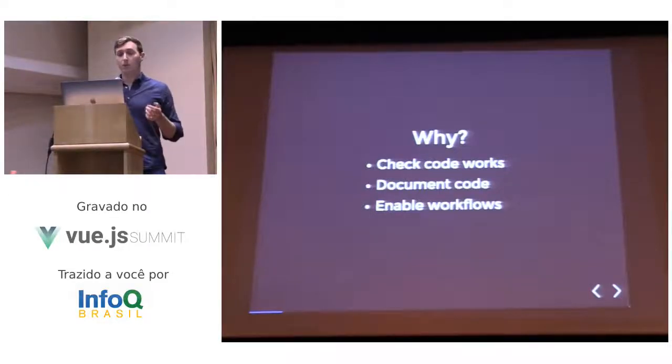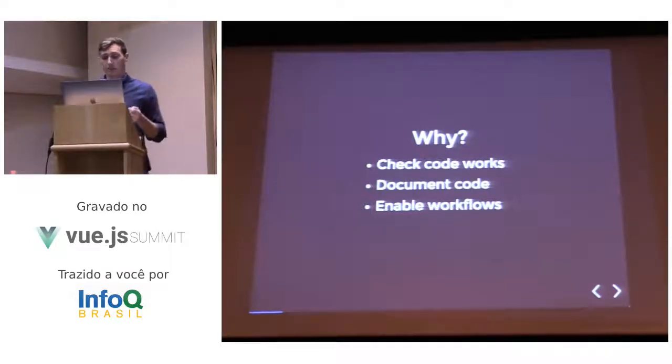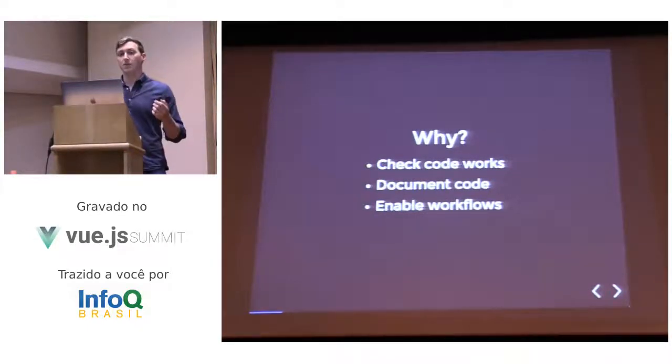And that can be really useful for new developers who come to a project and they want to see how a unit works. And finally, unit tests enable workflows, specifically TDD, test-driven development, which is a workflow where you write your test before you write your code. So without tests, TDD would just be DD, which doesn't really work.